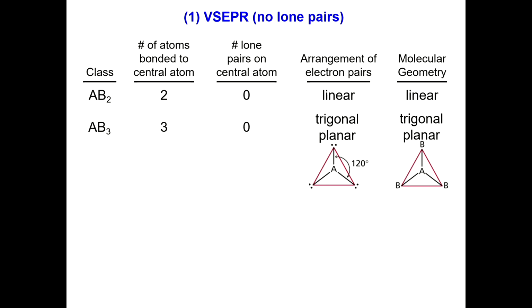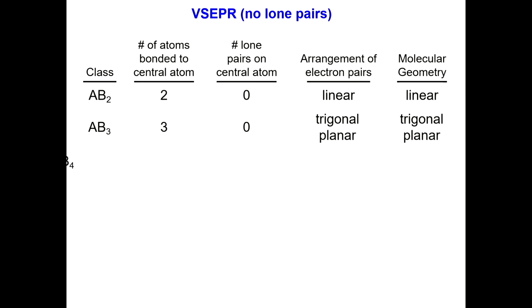geometries. One is about the arrangement of electron pairs, and then the molecular geometry. For these molecules, they don't have lone pairs, so the arrangement of electron pairs is also the molecular geometry.